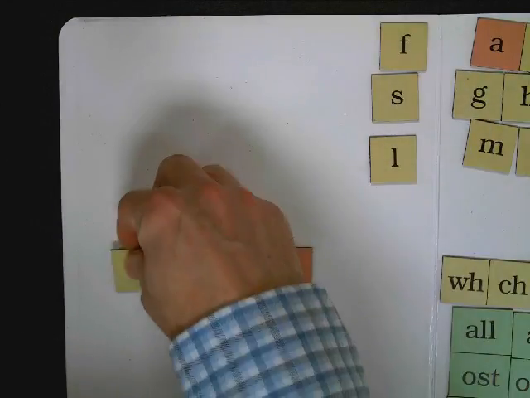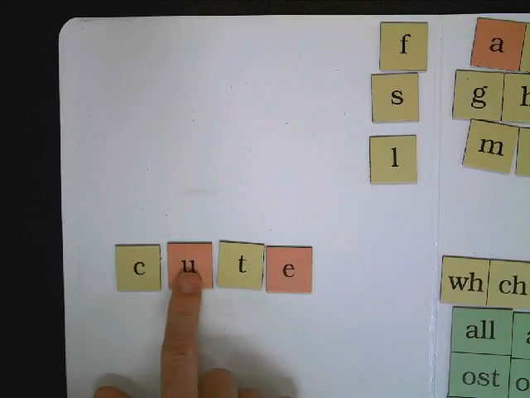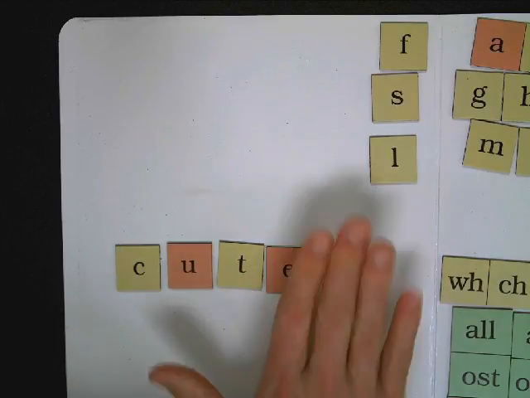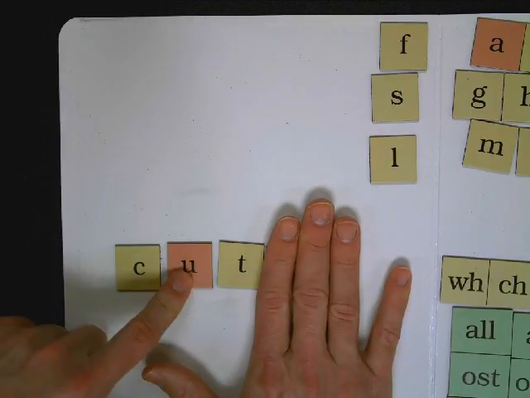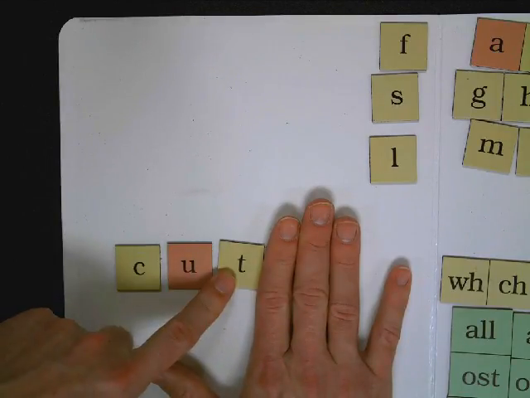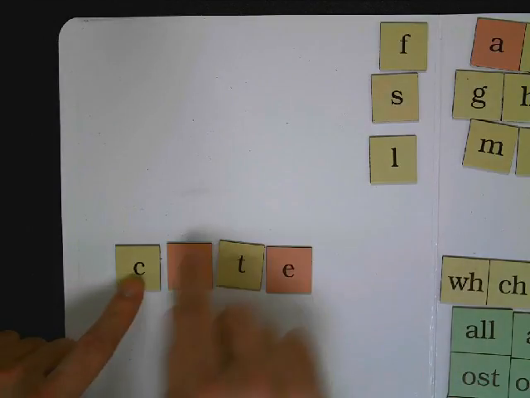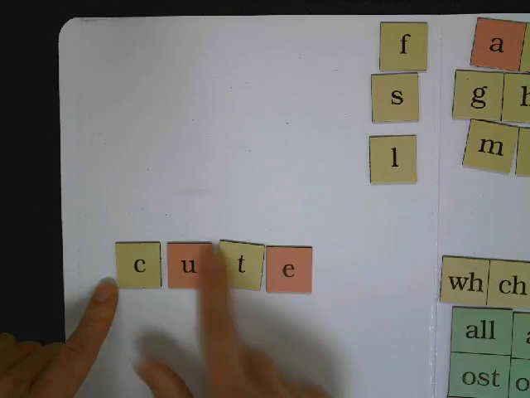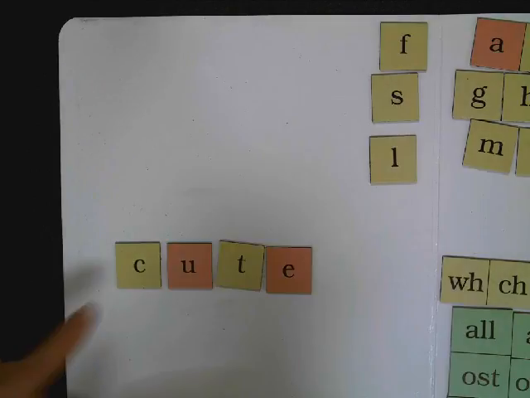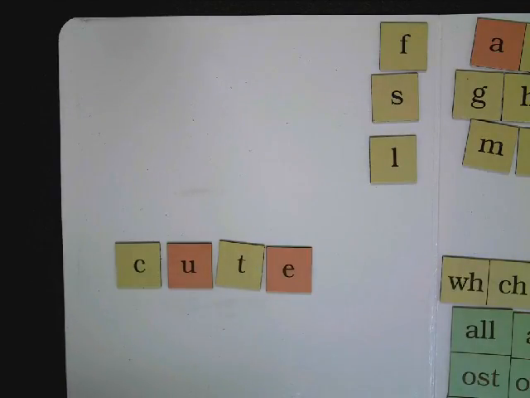You can go ahead and get those tiles out. K-U-T, cute. If I didn't have the E at the end, I'd have K-U-T, cut. Put an E at the end, and now I've got my vowel consonant E. K-U-T, 3 sounds, 4 letters. That's one of the 2 sounds that you can make when you have a long U.